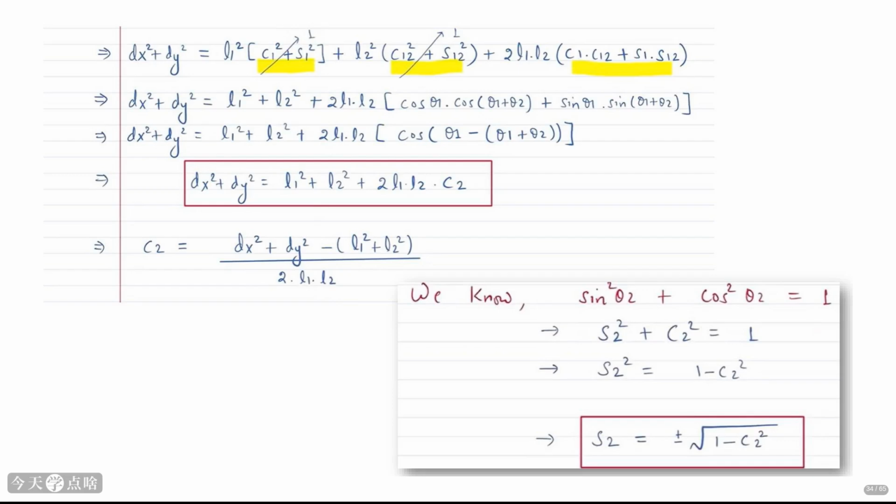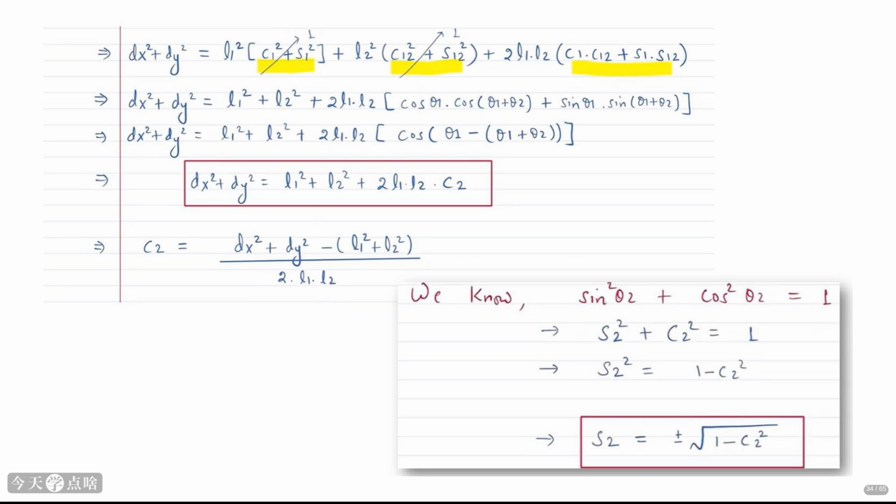Let's work through that algebra. We start with dx equals L1 times C1 plus L2 times C12 and dy equals L1 times S1 plus L2 times S12. Squaring both equations and adding them, we use the identity c squared plus s squared equals 1.